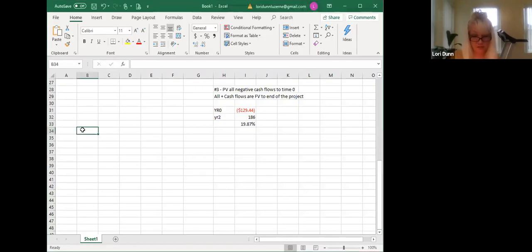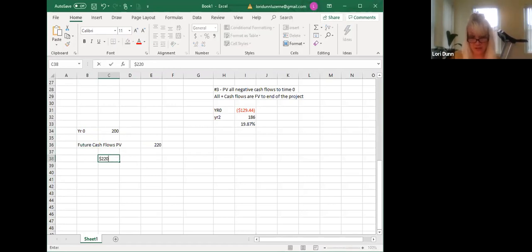So if a project's initial investment is $200 and the end of year future cash flows are present valued back, so you've got to find the present value of future cash flows, they equal 220.